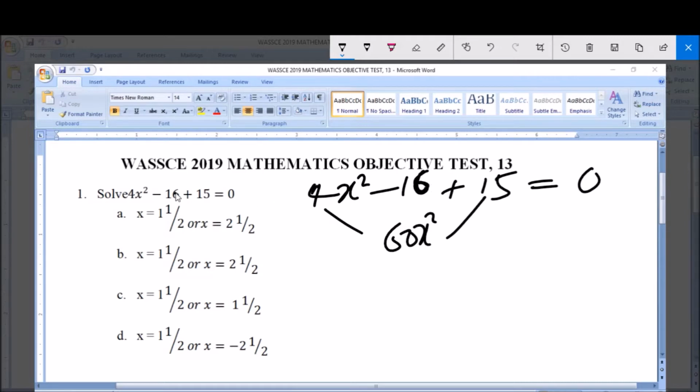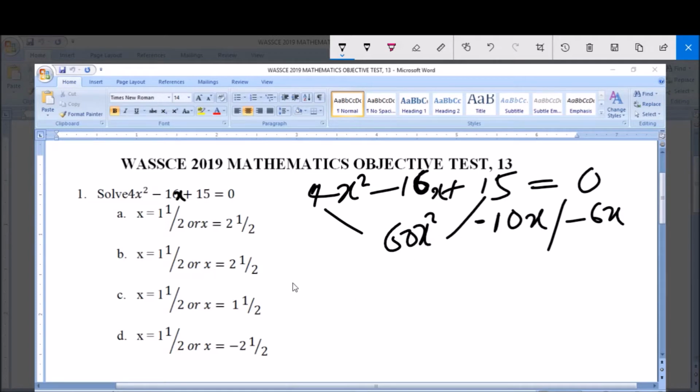Those two numbers would be minus 10x and minus 6x. Now minus 10x plus minus 6x will give you minus 16x. Minus 10x multiplied by minus 6x will give you 60x squared.